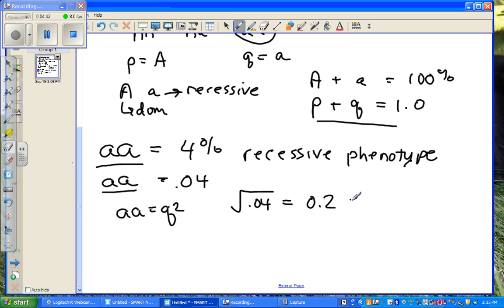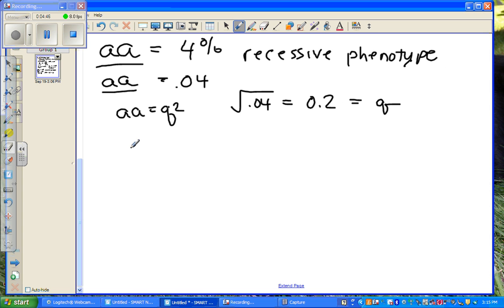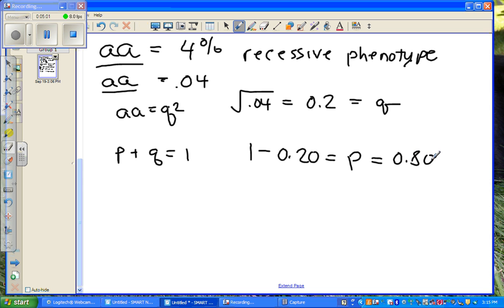So in this case, q equals 0.2. Now, we learned already that p plus q equals 1. So now we can get p easily. 1 minus 0.2 is going to equal p, so p is going to equal 0.8. Now we've got our p value, we've got our q value.